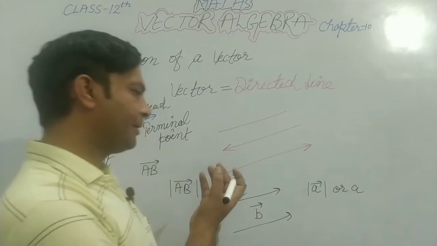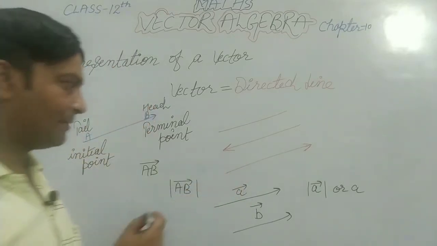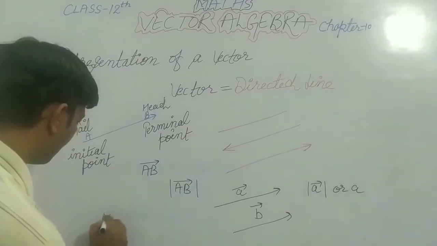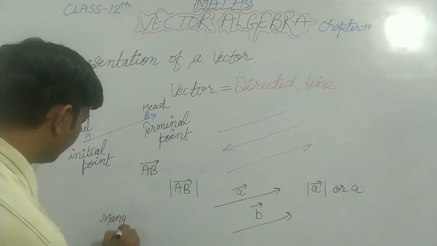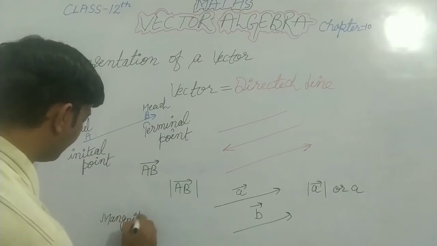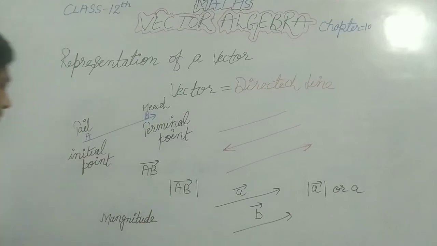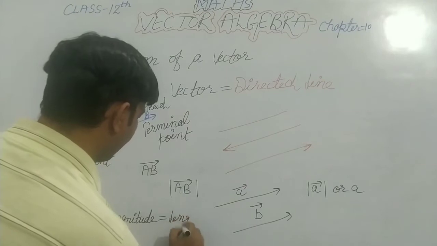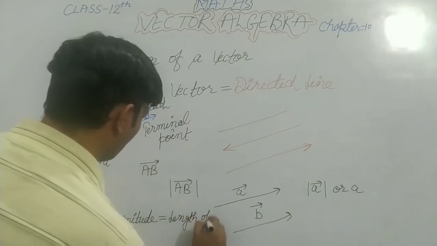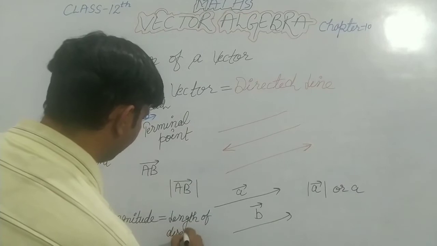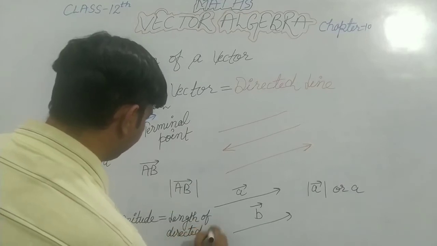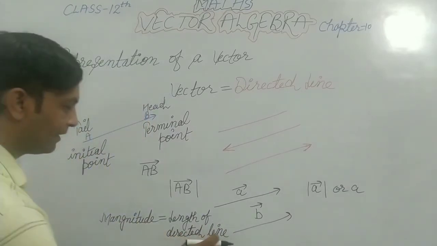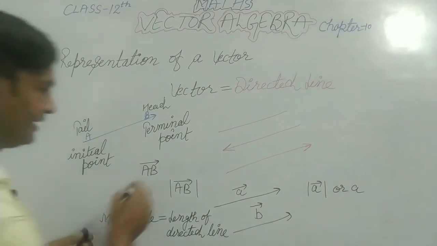And what is the magnitude? Now we are talking about the magnitude. The magnitude of any vector equals the length of this directed line. So magnitude is the length of the directed line.